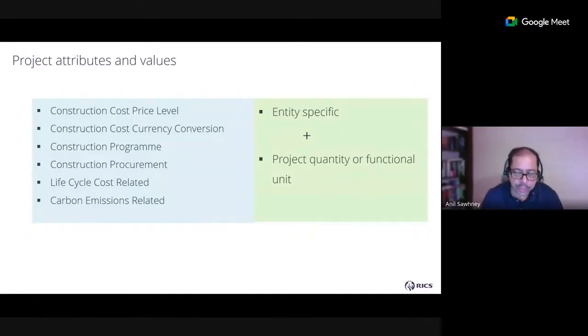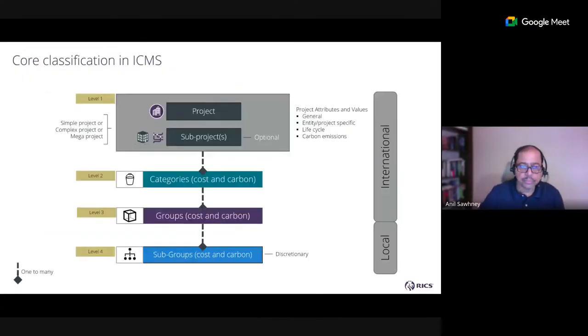It's very useful for benchmarking purposes. So if you have a school building, its features, its characteristics, its attributes and values, if they're captured alongside the assessment of life cycle cost and life cycle emissions, you can then use it for benchmarking purposes. The taxonomy that's used in ICMS is pretty straightforward.